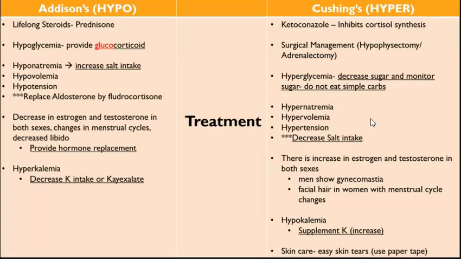Estrogen and testosterone, you're going to see men with gynecomastia, so breast tissue, and women with facial hair or menstrual cycle changes. And then hypokalemia, remember we can supplement potassium, but a good thing to keep in your head is salt substitute. They can't have salt, but they can have potassium. And then always remember skincare, because their skin is very thin. It's going to tear easily, so make sure you're using paper tape.